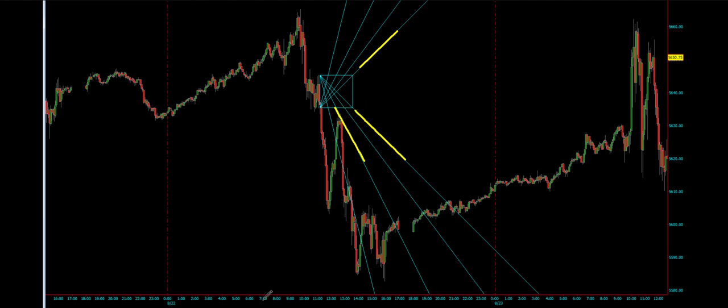And I'm not using any oscillators at all to guide us through the last stage of confirmation. So this is how you can enter. This is simple.